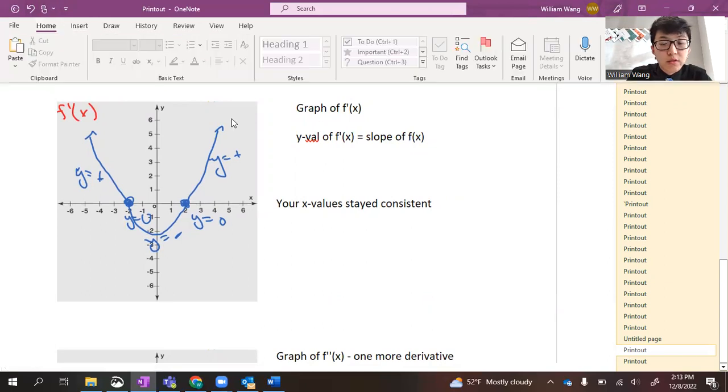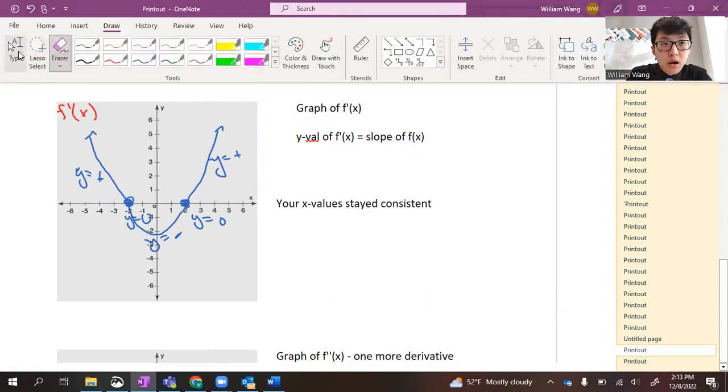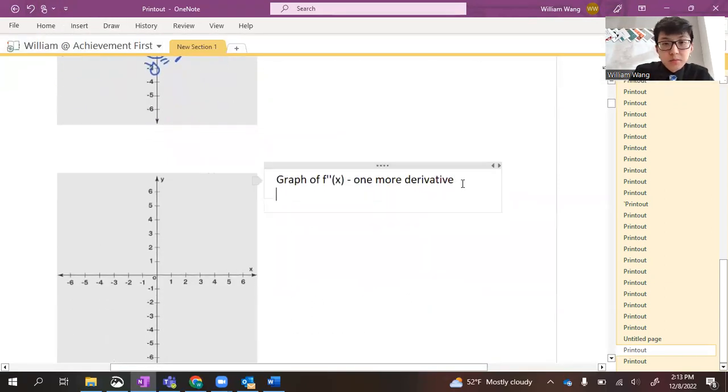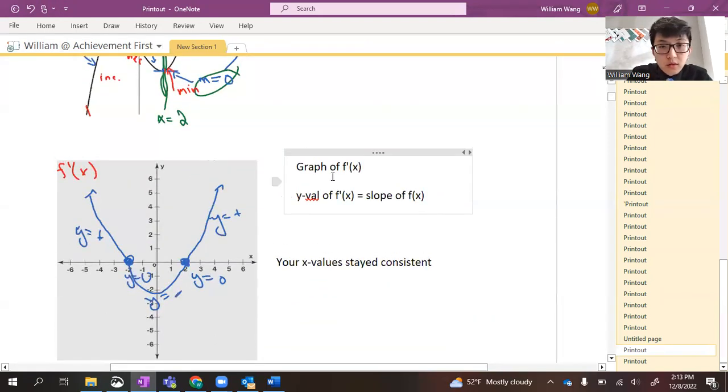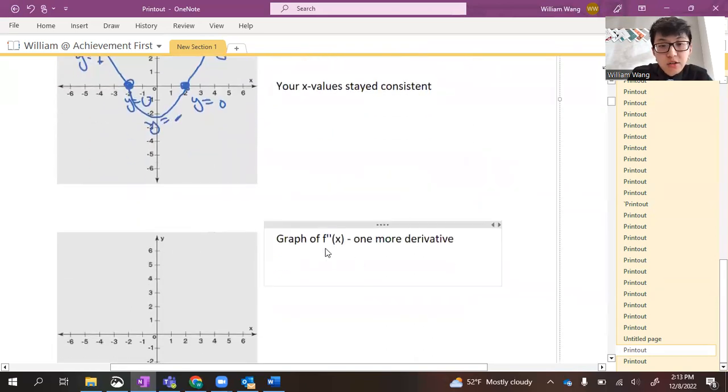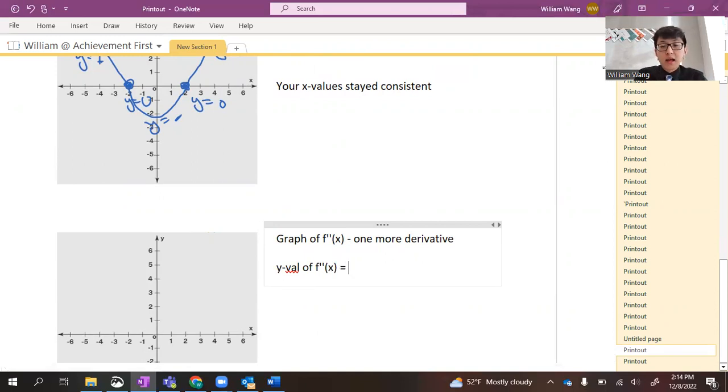One more derivative. Well, I can say this. Since the graph of f prime of x means the y value of f prime of x is the slope of f of x, if I just took one more derivative, that means the y value of f double prime of x, my second derivative, is simply going to be the slope of my first derivative.